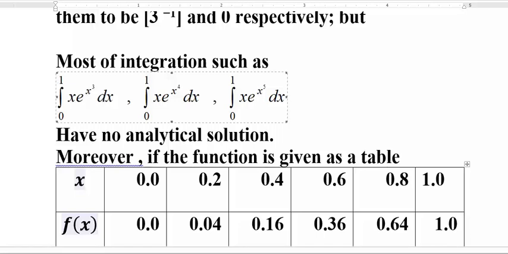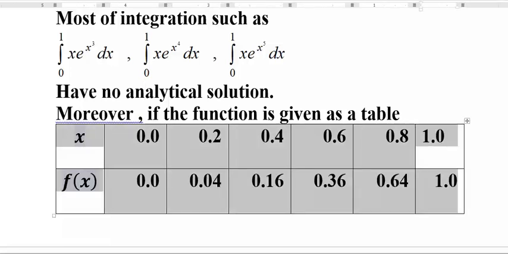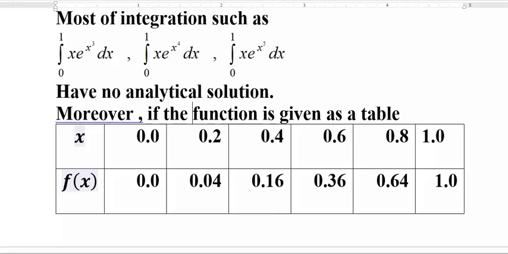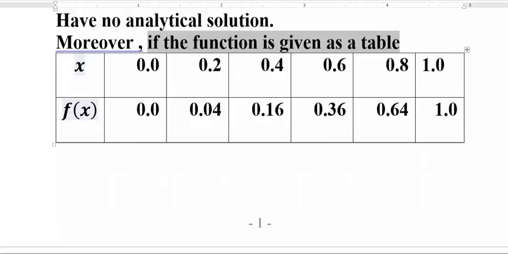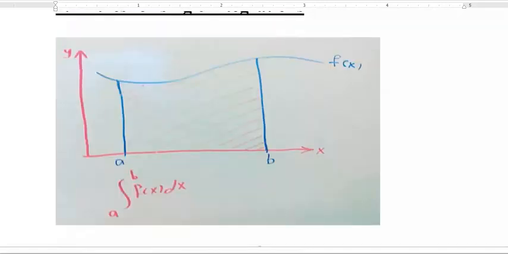Another situation: if the function is given as a table, and we want its integration, we know that the integration, in meaning, is the area under the curve.